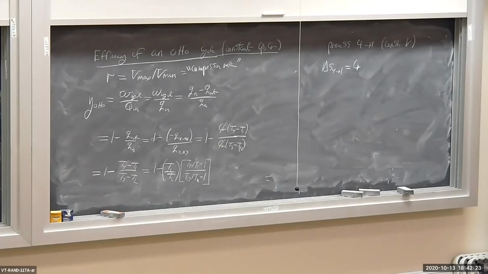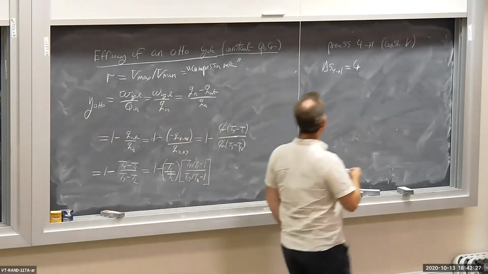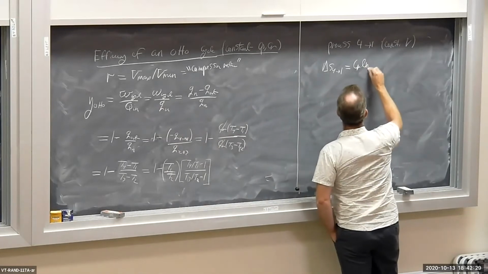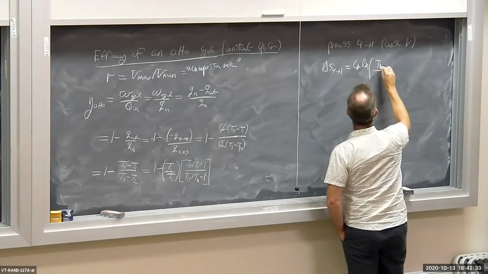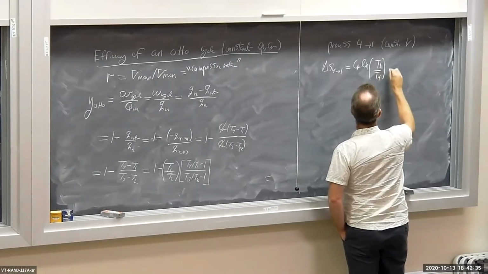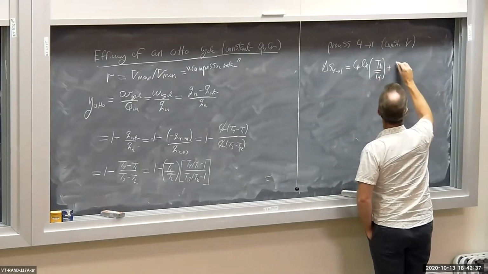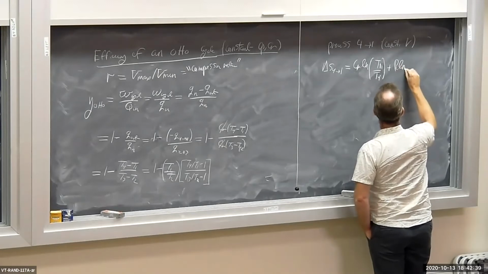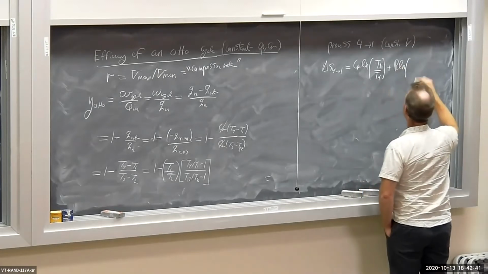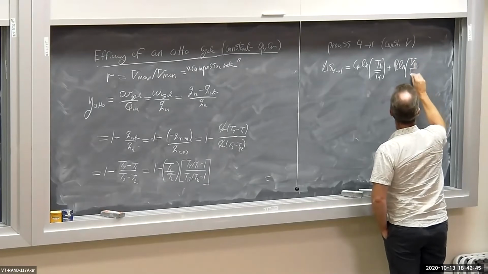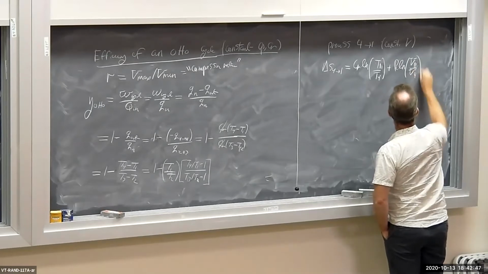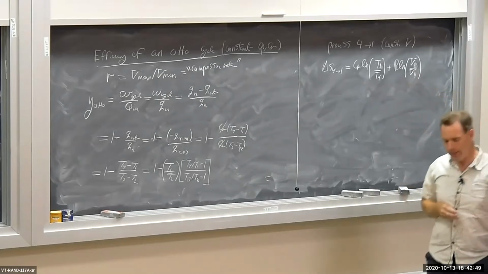So let me write that down. Delta S from 4 to 1 is equal to CV ln T1 over T4 plus R ln V1 over V4.